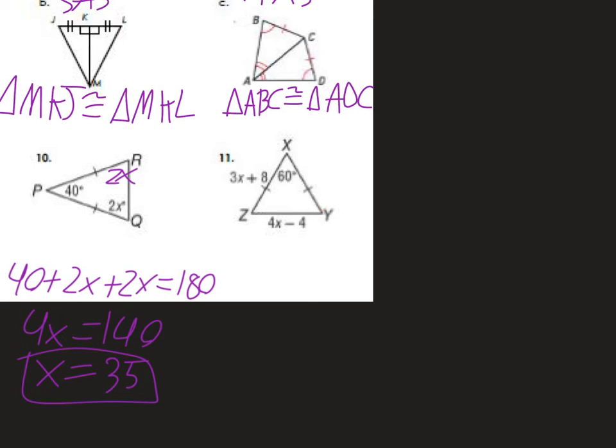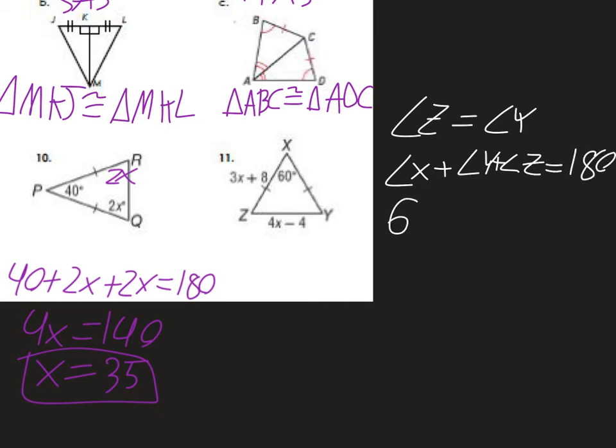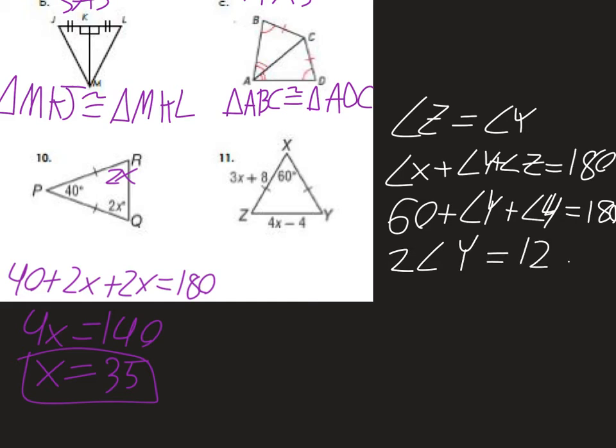So we can say that angle Z must equal angle Y, and that angle X plus angle Y plus angle Z must equal 180. So 60 plus angle Y plus, well, another angle Y, because Y equals Z, equals 180. So 2 angle Y must equal 120.